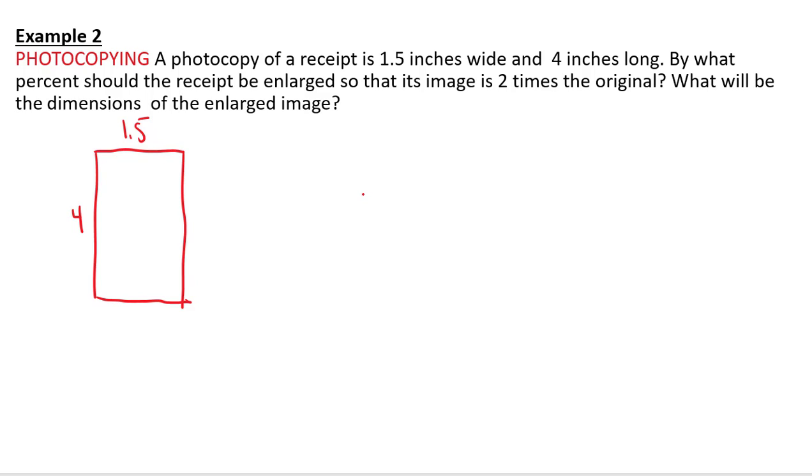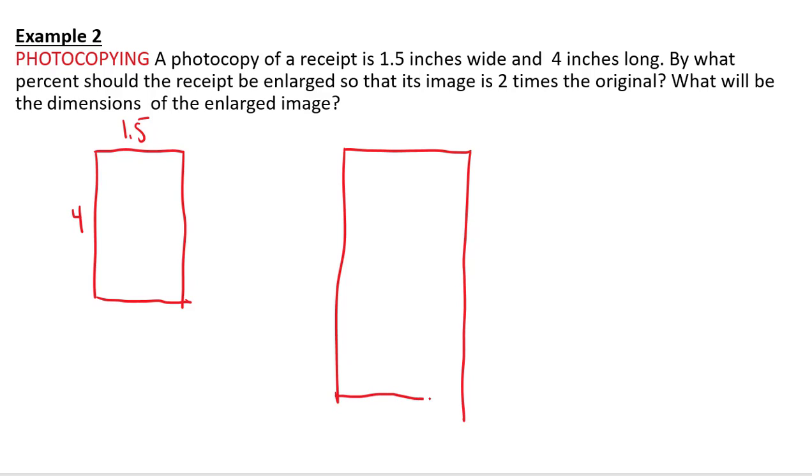What will be the dimensions? So my enlargement is 2 times the original. My new one is twice as long. So my new dimensions are actually the easiest part to find. I have 1.5, so my new width is 3, by 8. So 3 inches by 8 inches.